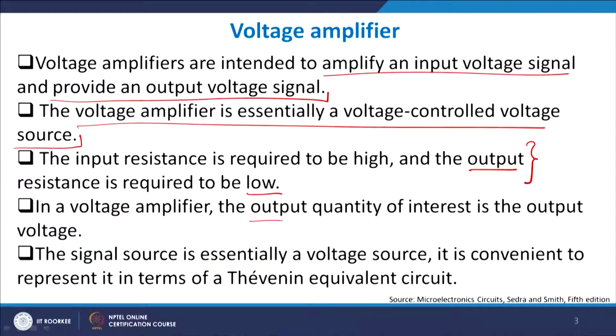The output quantity of interest is the output voltage, and since the signal source is essentially a voltage source, it is always advisable that you use the Thevenin equivalent. So, we will use a Thevenin equivalent when we do a voltage amplifier action or a voltage amplifier division.